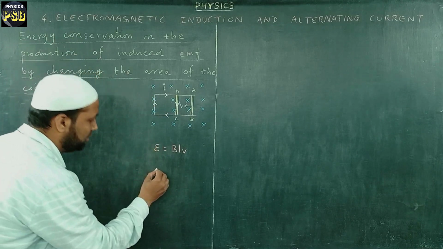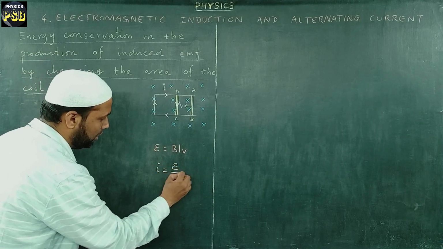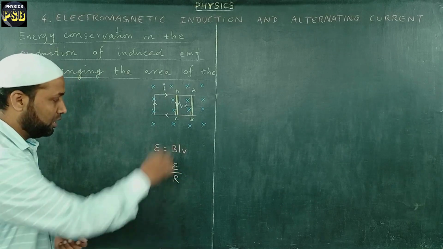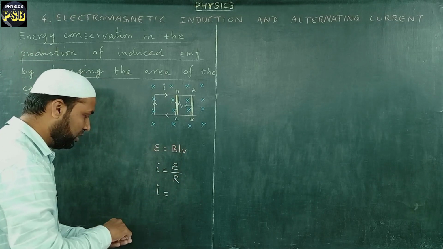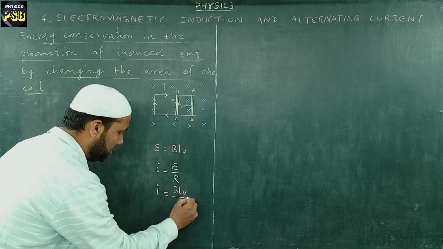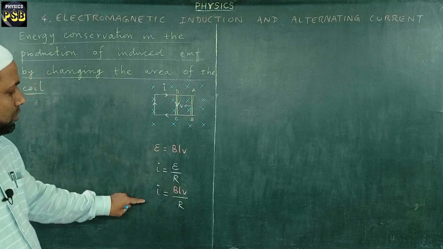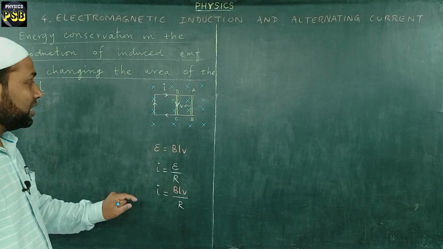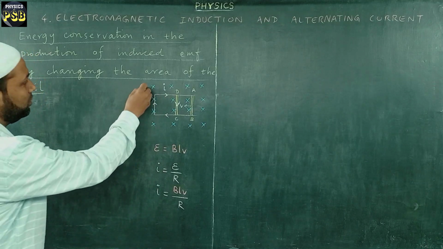It is represented as epsilon upon R according to Ohm's law. Now we know the value of epsilon is BLV, so I equals BLV divided by R. This is how we obtain the expression for induced current in this loop. Clear?